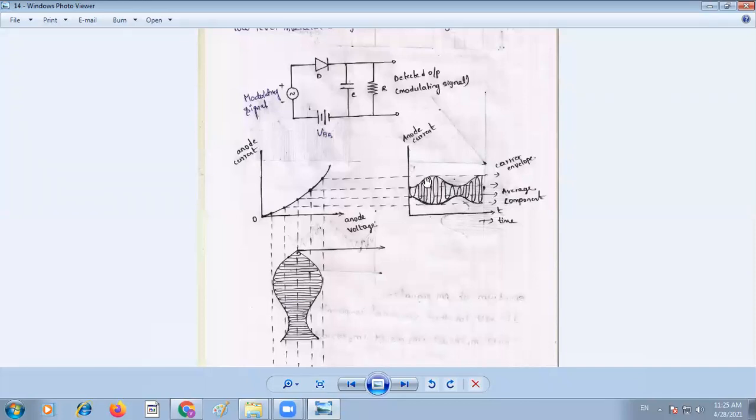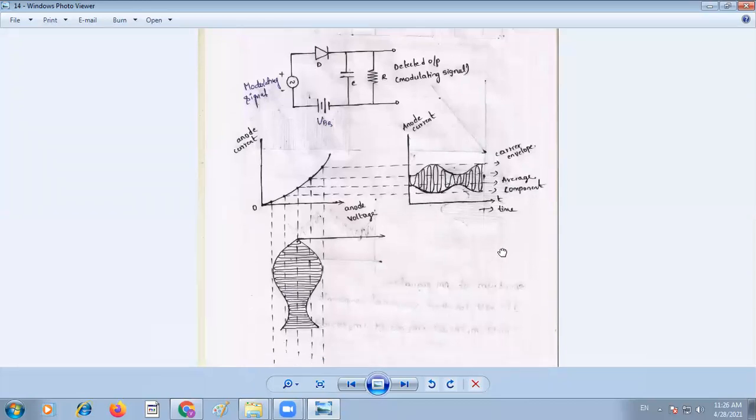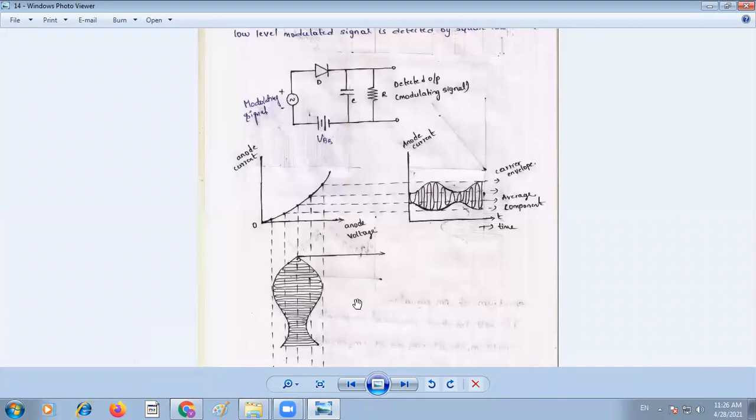Now this is the variation of the positive peaks. Add all these variations and you can draw the solid line. That is the modulating signal. Here we showed the modulating signal in the positive peak, and the same replica we drew for the negative peak. So this is the output across the resistance of the square law diode detector.